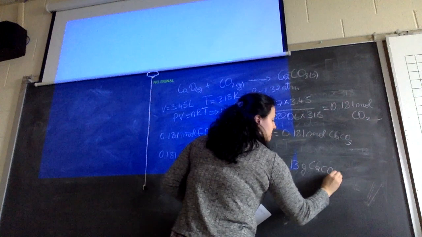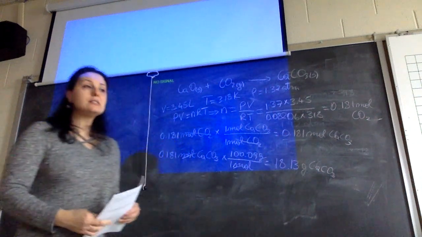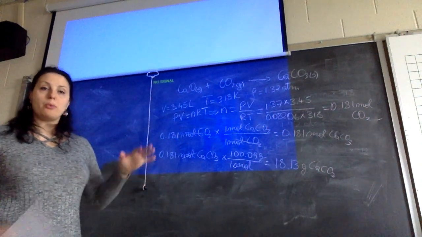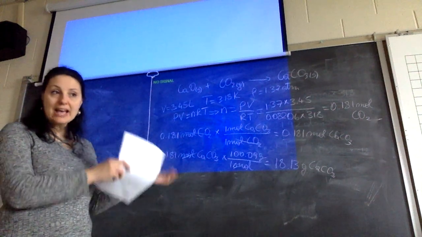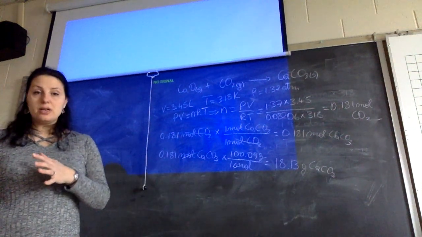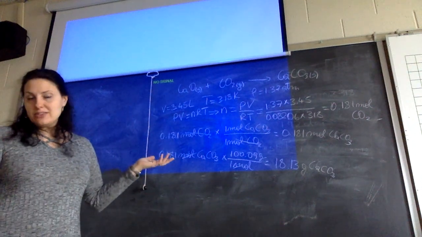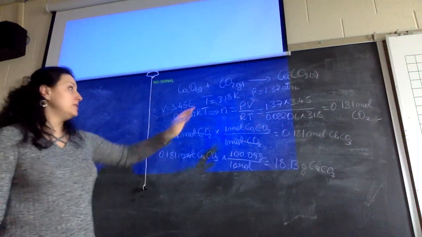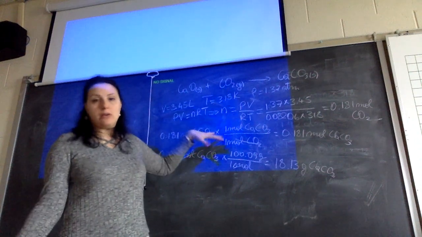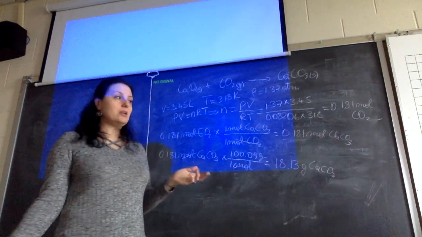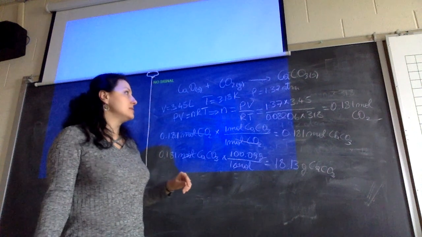Okay, so this is one of those problems where we combine the gas laws with a stoichiometry problem, and you can only do this obviously if you have a gas in the reaction. If this wasn't here, then we obviously couldn't use PV equals nRT because that's only for gases.